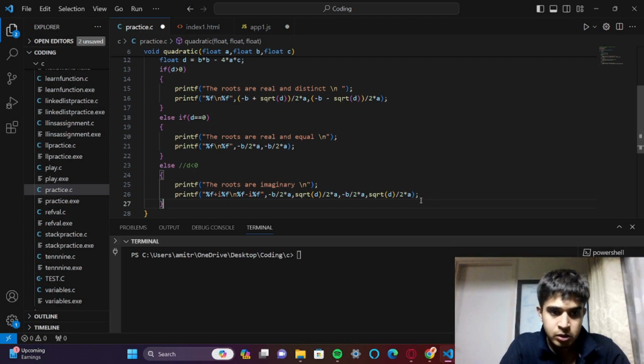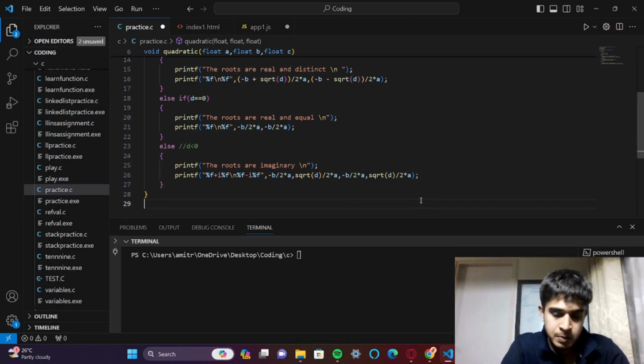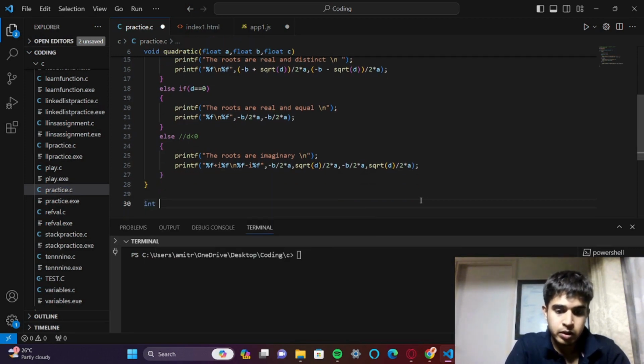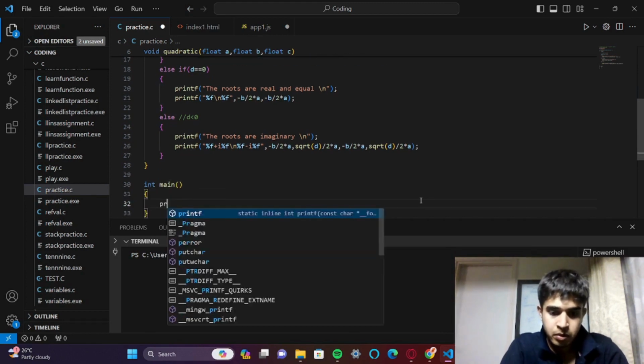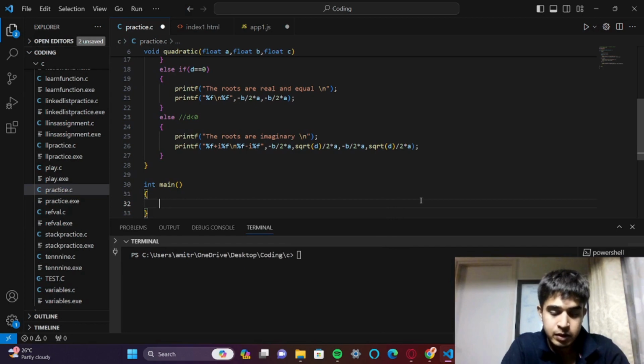Alright, so now we will get into the main function. So int main, let me first initialize the three variables, that is a, b and c.